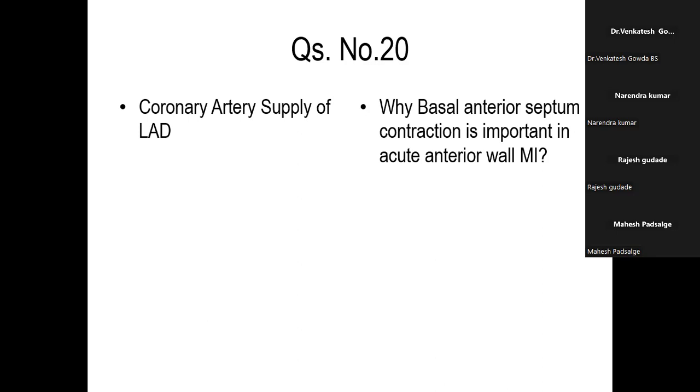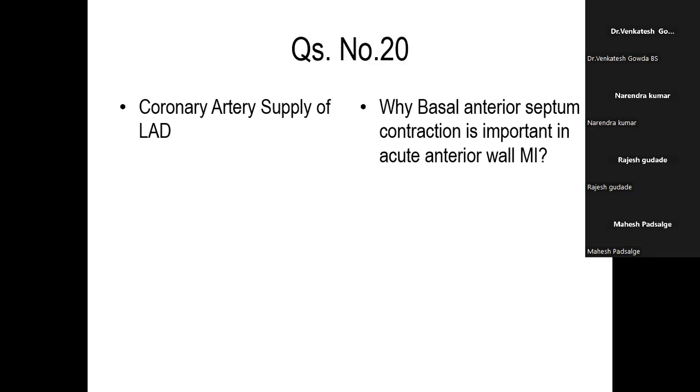In long axis view, the apical segment, apical septum, mid anteroseptum, basal anteroseptum, and one more just below the apex, apical lateral or apical septum, one more part.